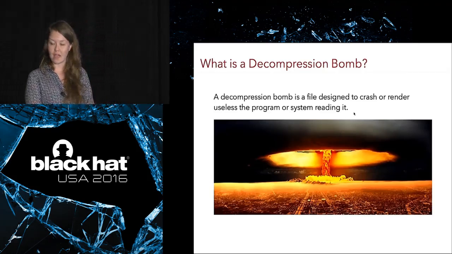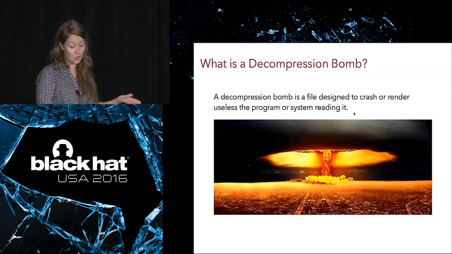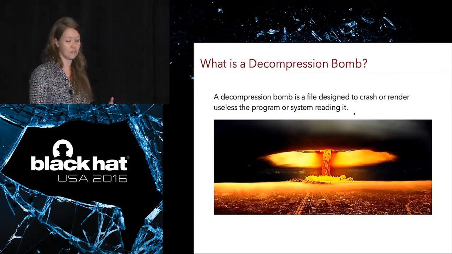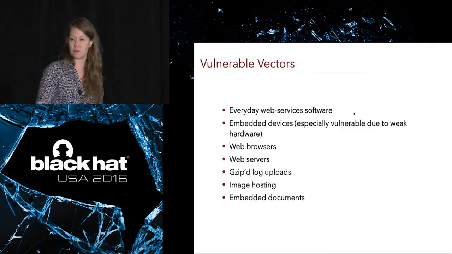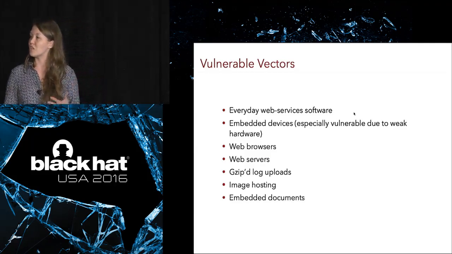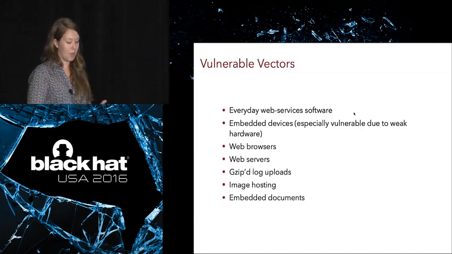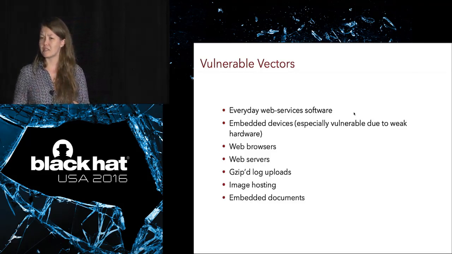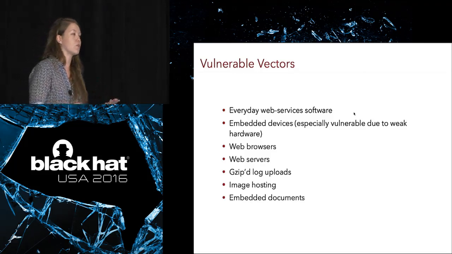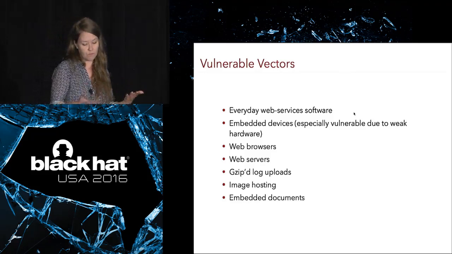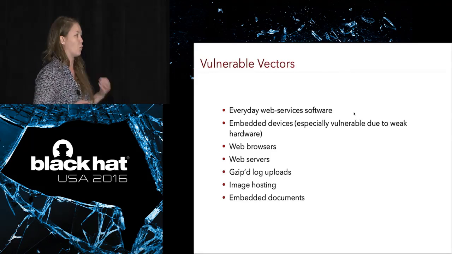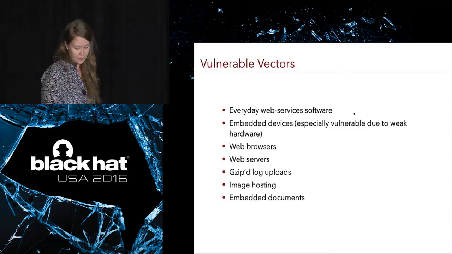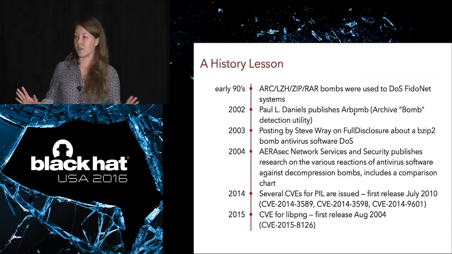It's not sexy, and it's not new, but it can be highly effective against various systems. You're going to see these most in use with web services, web applications, web browsers, web clients, but also embedded devices. They can be particularly vulnerable to this type of exploit, mainly because there's usually a lot of weak hardware supporting them. All right, so just a brief history lesson.